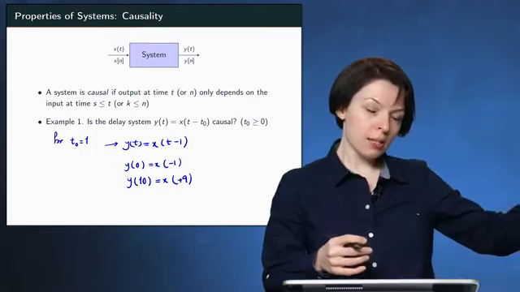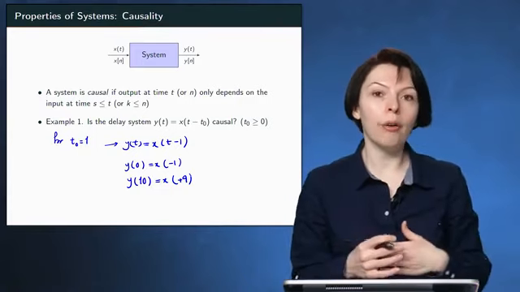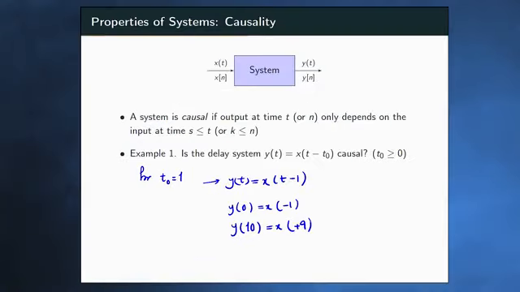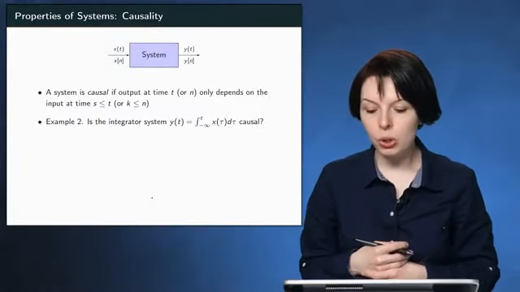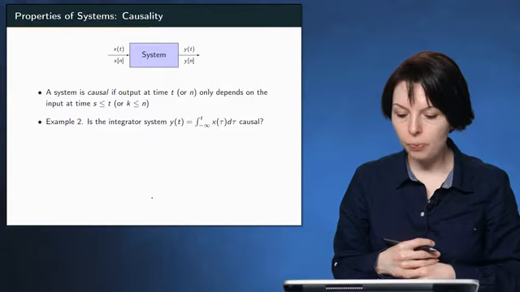So it's the past values of x of t that I need to build y of t. This system is causal, and the output only depends on the past values of x of t, not the future values.